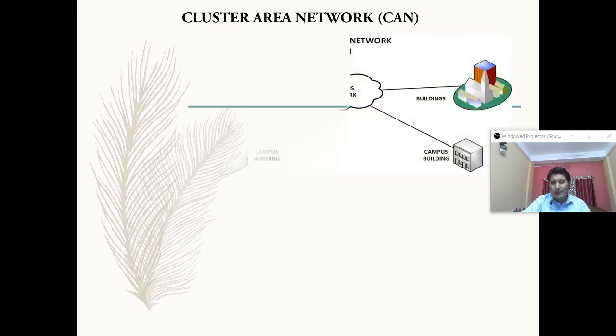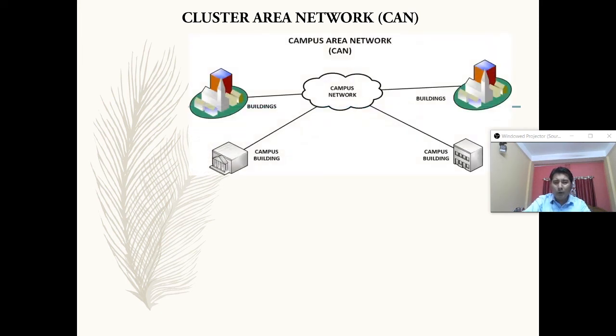And see, this is the diagram of a campus area network, where within the campus area you can have a network between the different buildings or blocks, say, the administration block can be connected with the library block, campus main building, and science block, within the campus itself.